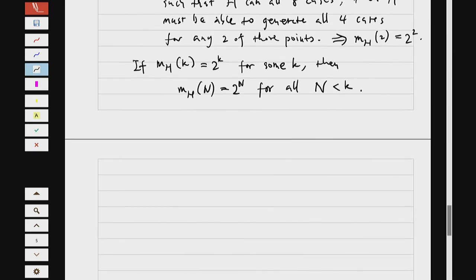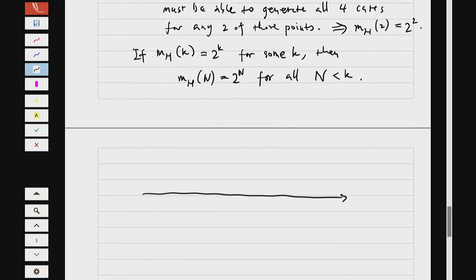So in general, we're going to have a figure that looks like this. If I look at the axis that has n, starting from 1 point, 2 points, and so on, 3, 4, 5, whatever, I can always separate this axis into two parts. At this point and backwards all the way to 1, this is as diverse as possible.